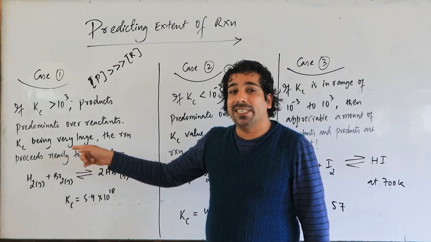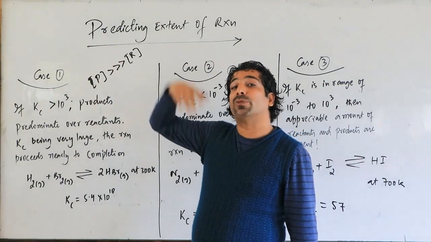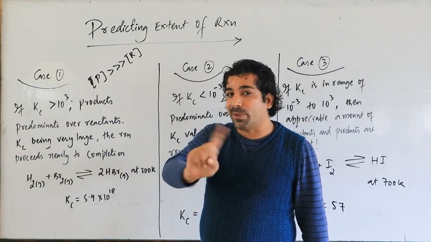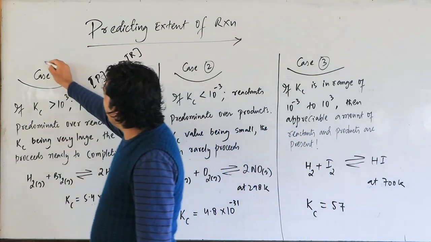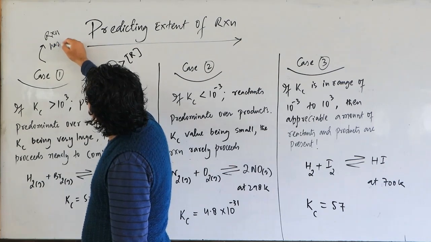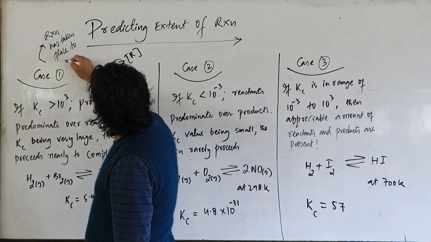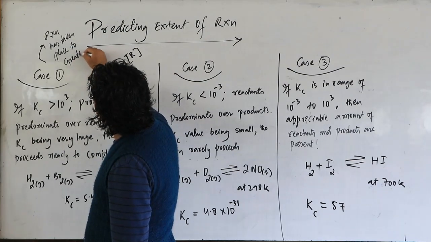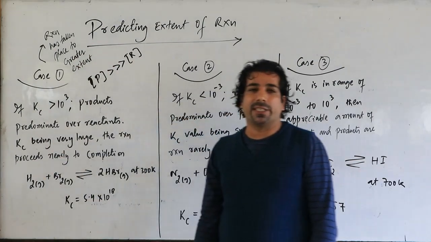So most of the reactants have changed into products, but not 100%. Yes or no, my dear friends? So I will say the reaction has taken place to a greater extent, or large extent, in case number 1, when Kc value is greater than 10^3.